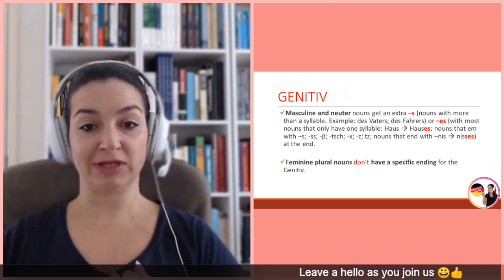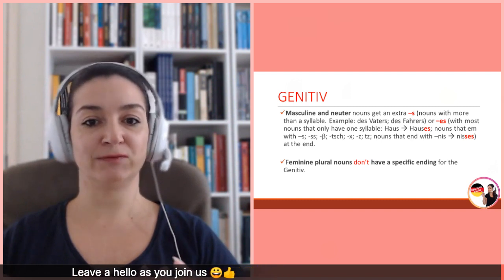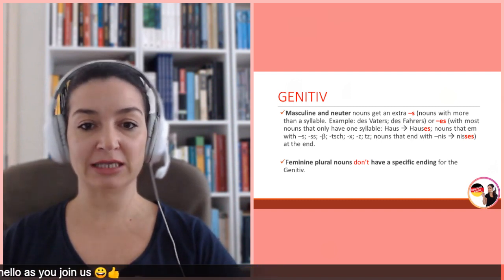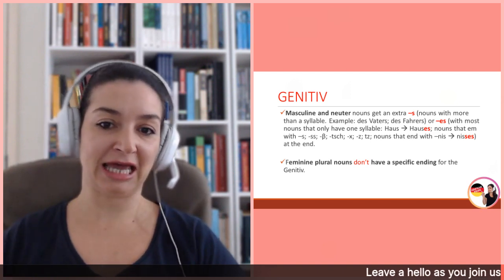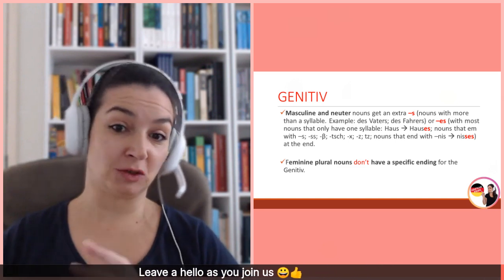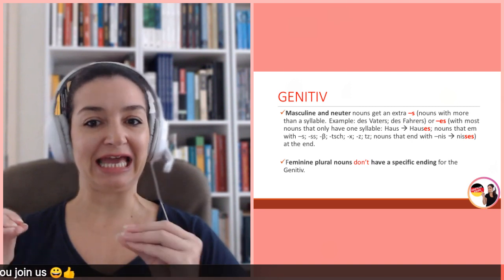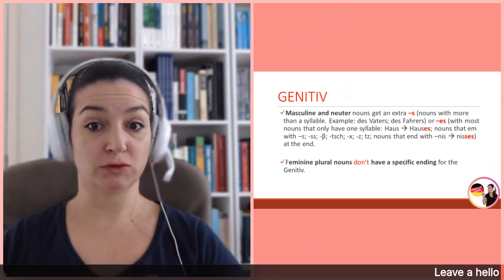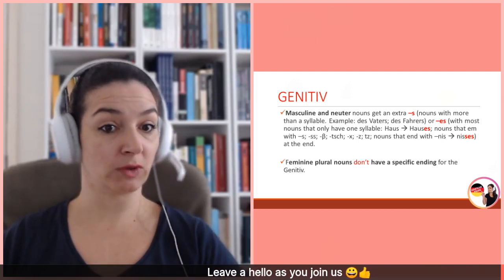But when you have words that only have one syllable, like Haus, or that end with s, ss, sz, tsch, x, z, or tz, then you are going to need es at the end. So, for example, Haus becomes Hauses.